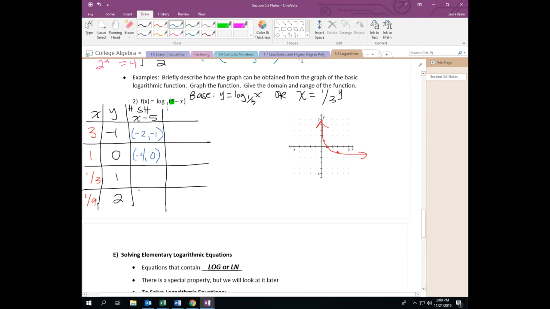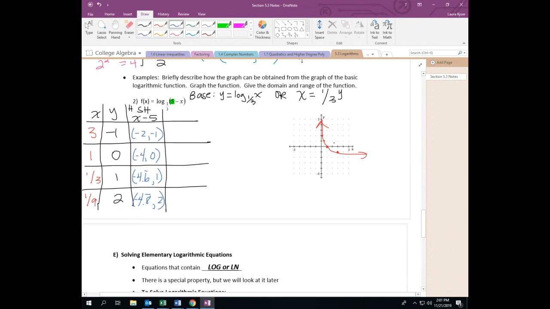It's -4.6 repeating, comma 1. And then 1/9 minus 5, and again, I'm just going to use the decimal, which is -4.8 repeating, comma 2. So this would move this thing to the left 5 units.